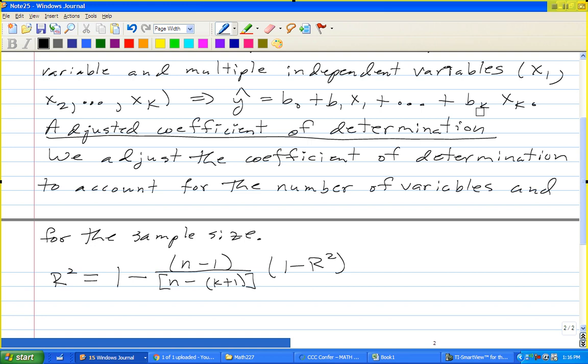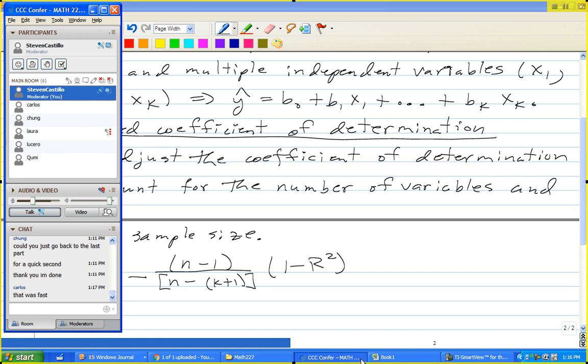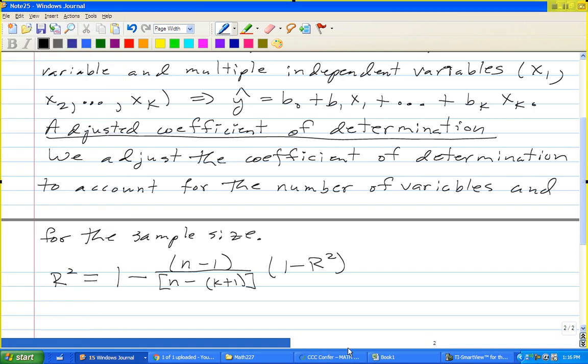Let me go to section 10.6. Yes, it was. Lots of fast, easy points there. Okay, let's go on to the next section.